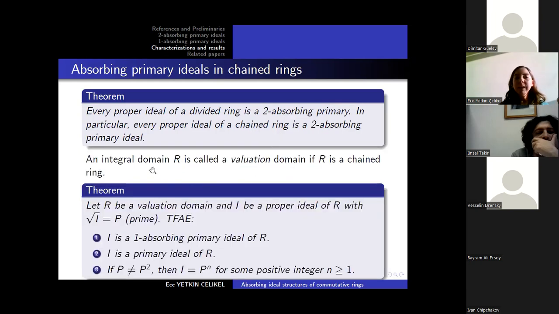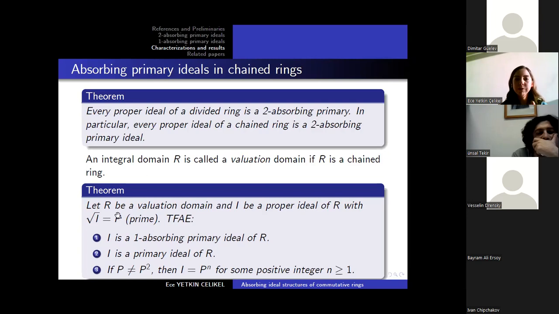And an integral domain, if it is also a chained ring, then we call it a valuation domain. So by this theorem, we can characterize all of the one absorbing primary ideals in valuation domains here. These coincide, and it is in this form.